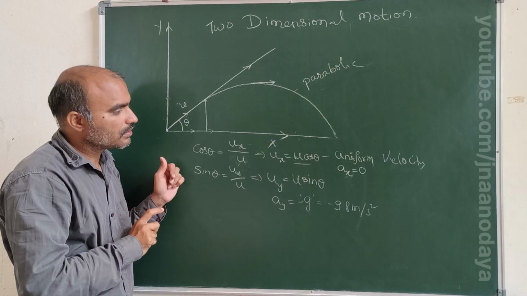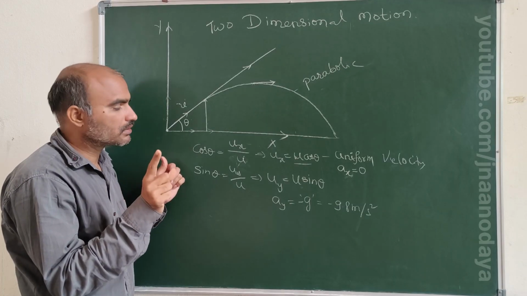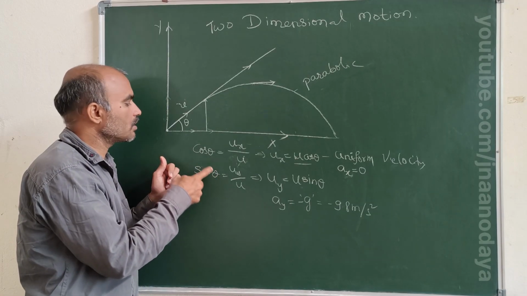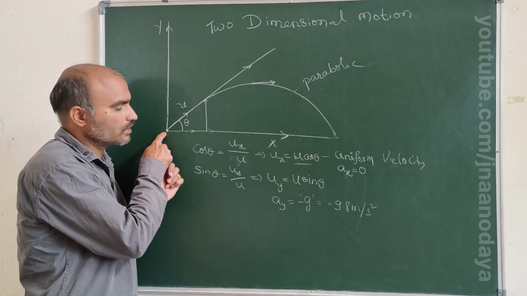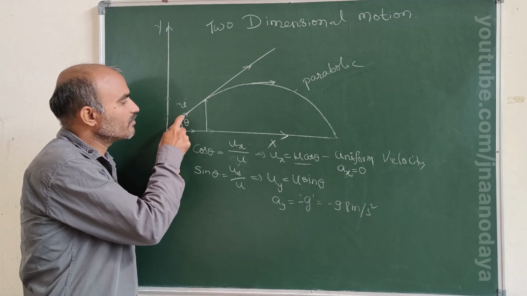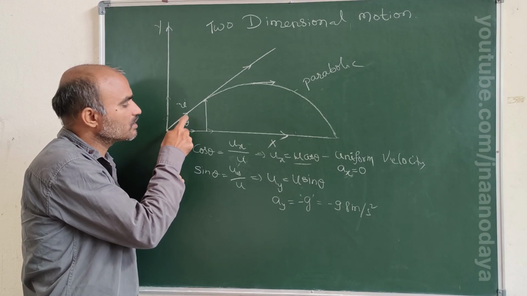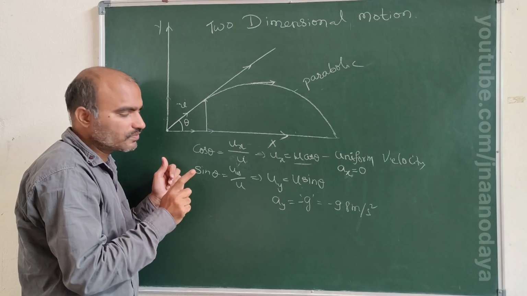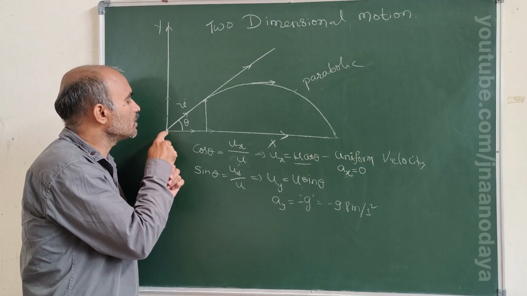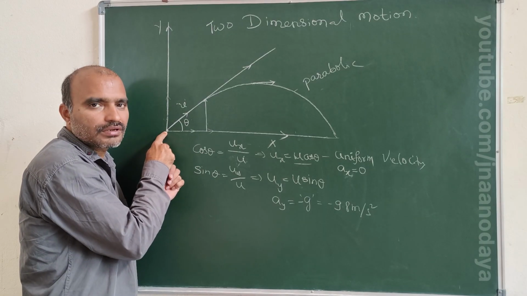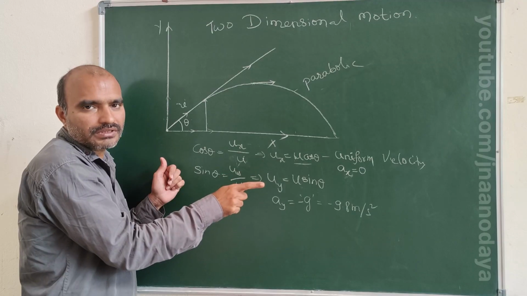And you must remember that theta is only at the point of projection. I told you just now, at each and every point the angle made by the velocity vector with the horizontal will change. That is why this theta is only at the point of projection, not at all the places.